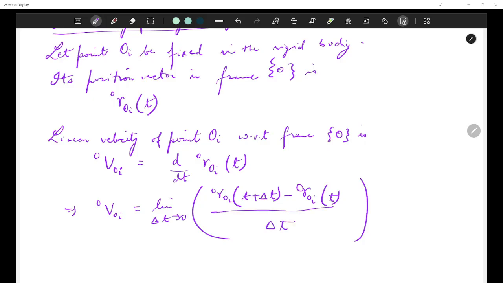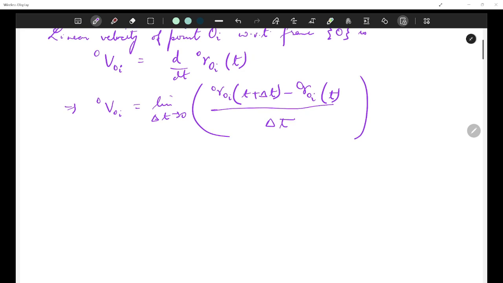This is just straightforward differentiation, nothing very new. When we differentiate, the differentiation is done in frame 0, right?